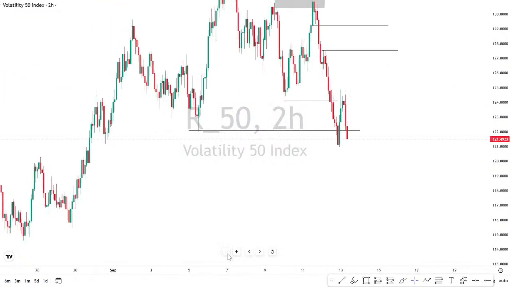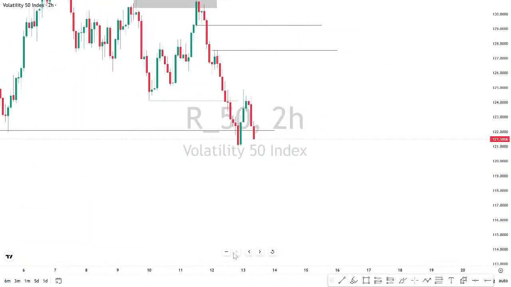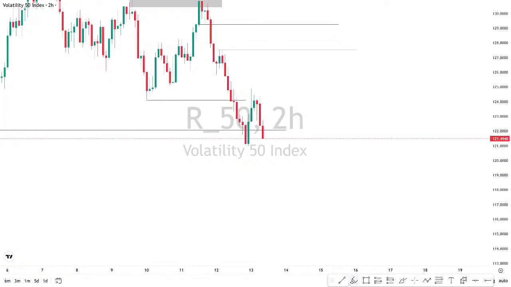All right, on the 2 hours time frame, we came back to take some wicks. We came back to take this wick. So I am more of a sell person here, but we need to be strategic about our entry.